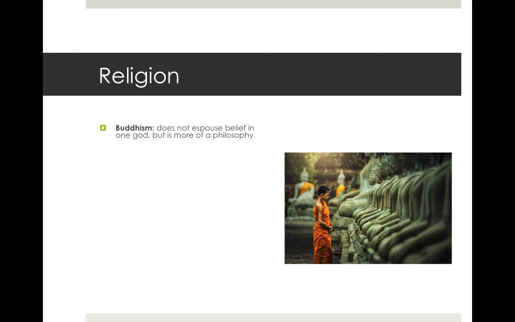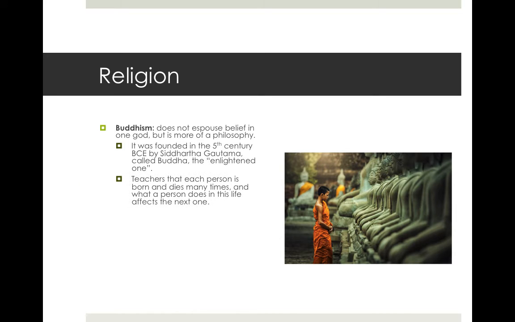Buddhism does not espouse belief in one God, but is more of a philosophy. It was founded in the 5th century BCE by Siddhartha Gautama, called the Buddha, or the Enlightened One. And it teaches that each person is born and dies many times, and what each person does in this life affects the next one.